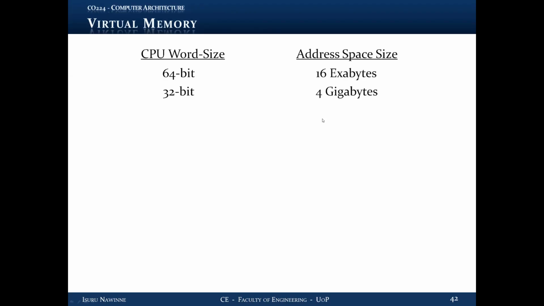So 4 gigabytes of memory was used in massive supercomputers around that time. If you go another step back, before 32-bit computing became mainstream, 16-bit CPUs were there. 32-bit CPUs started becoming mainstream in the early 1980s.